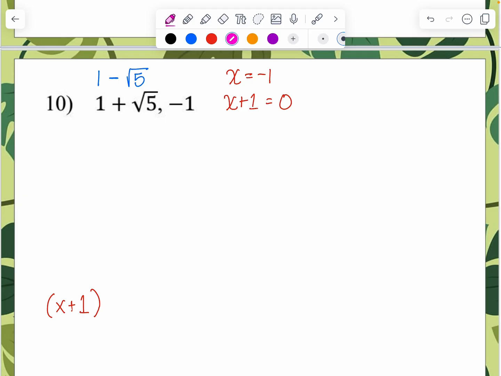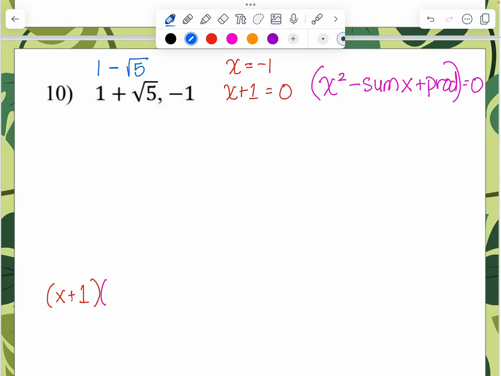Now I'm going to find my quadratic by using the sum and root theorem. So that says x squared minus the sum of the conjugates times x plus the product of the conjugates, and those are equal to 0. This is going to be your next factor. We're going to have to do a little bit more multiplication after that, but we got this.